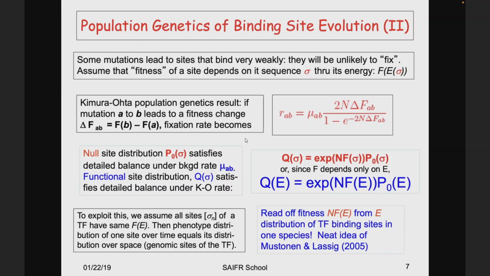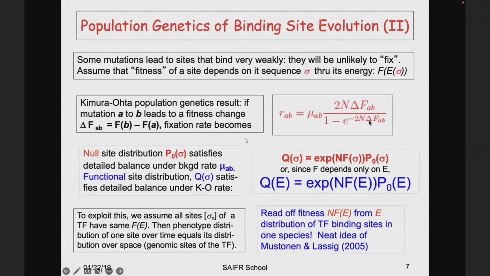And the probability that that mutation fixes depends upon the change in fitness, or the change in growth rate, associated with this genomic change. So we have this nice little formula that says the rate at which B takes over from A is the neutral rate at which B is being created from A times this rather funny looking formula, in which I've got the population size, I've got the change in fitness, and I have a funny denominator, which if you start thinking about it will make sense.